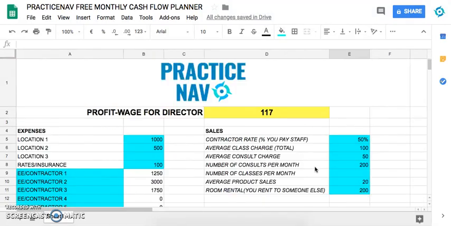Now that means we only make $117 for the month. So to adjust that, we need to either increase our average consult charge, or increase the number of patients we see per month. If you increase your number of patients by 50 per month, that will increase that.